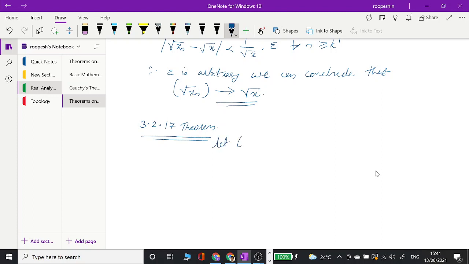Let xn be a sequence of positive real numbers such that L equal to limit of xn plus 1 by xn exists.